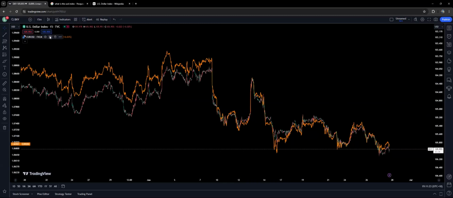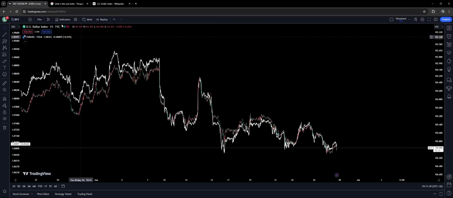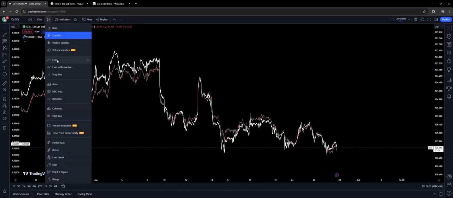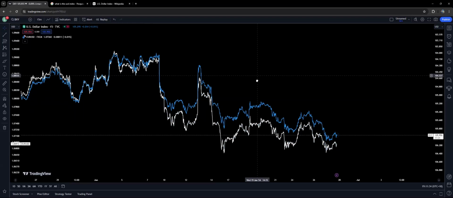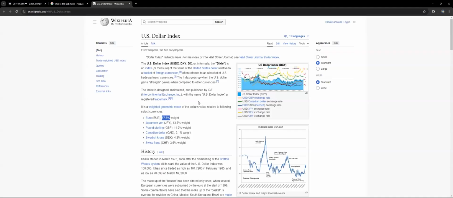I can even change the color to white, and then the DXY will be in blue. So look at that. It's pretty much the same, right? And why is that? It's because the euro makes up 57% of the weight of the US dollar index.